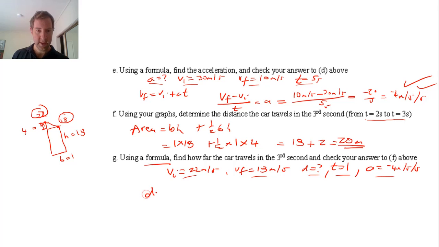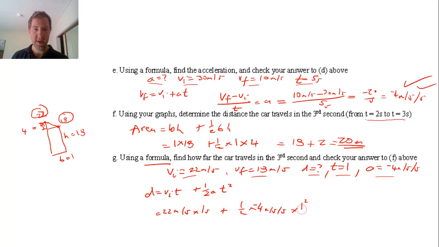I think the one I'm going to use is, I just like this formula. It just looks cool. So I'm going to use that one. Initial velocity is 22 times 1 second plus half times acceleration is negative 4 times t is 1 second squared.